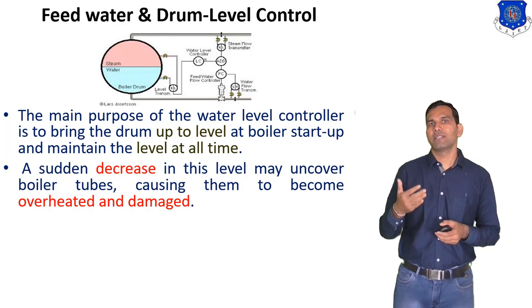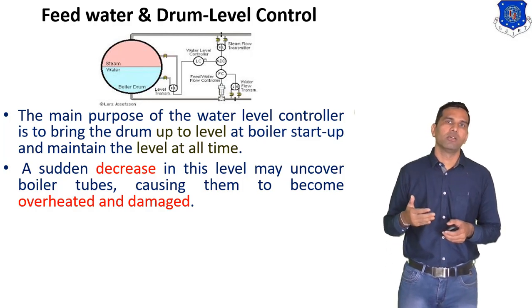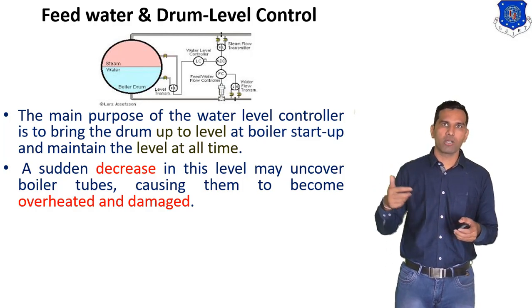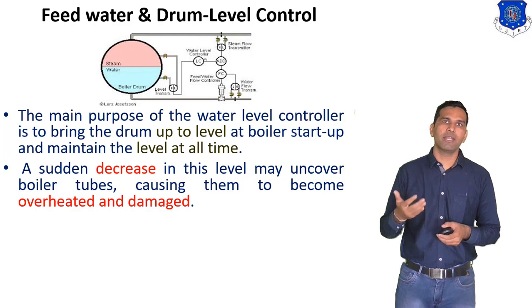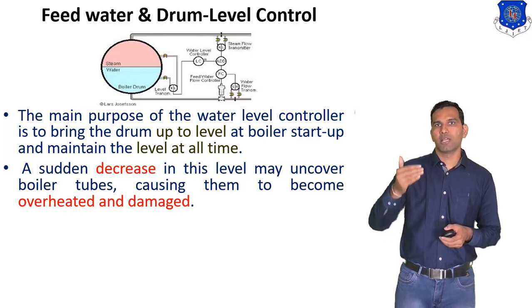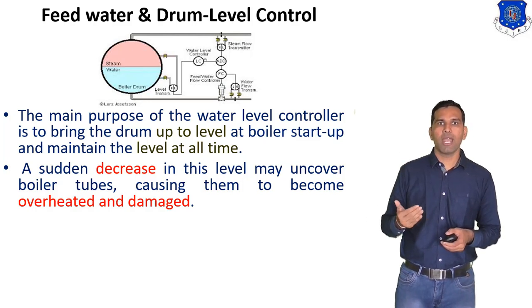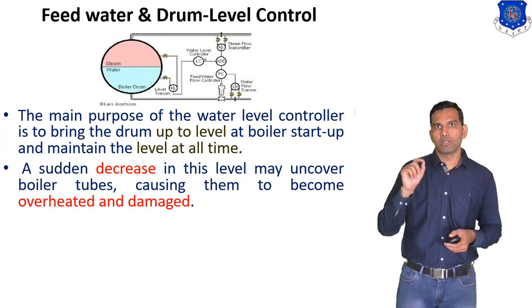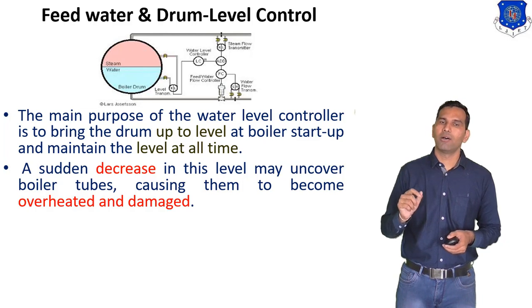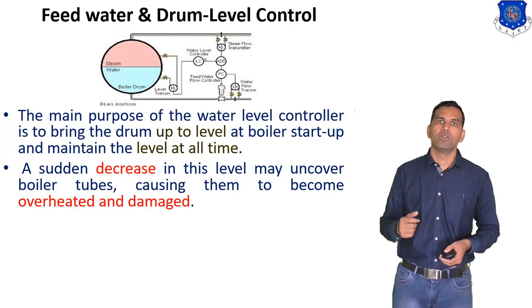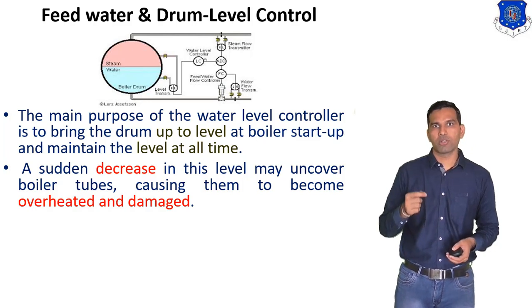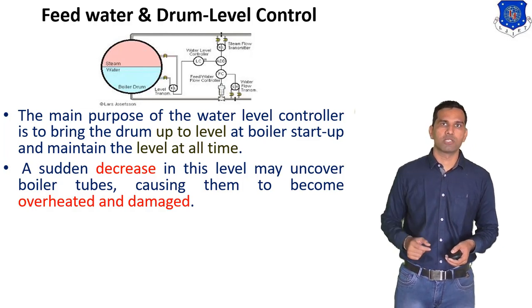We consider this a fire tube boiler, so the hot gases pass inside the tubes. When the water level is suddenly reduced, the fire tubes become uncovered, and that damages the fire tubes. So that's why we also require the drum level control system.